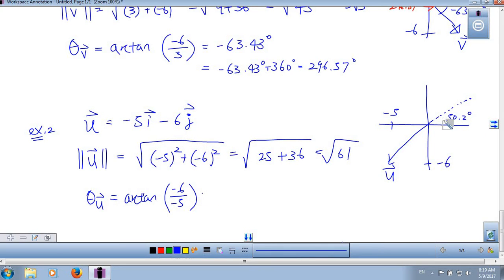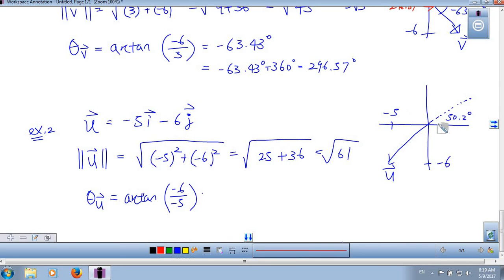So this is clearly not the right angle, but as you can see, those two angles are back to back. They're actually on the same line. They have such a property. So the arctangent of this ratio is giving us this angle of 50.2 degrees in quadrant 1. So what do we have to do?